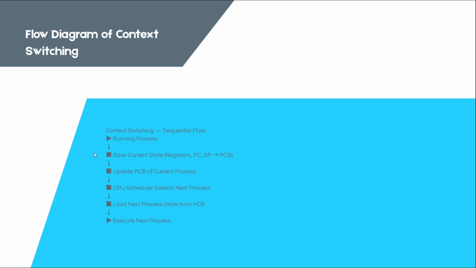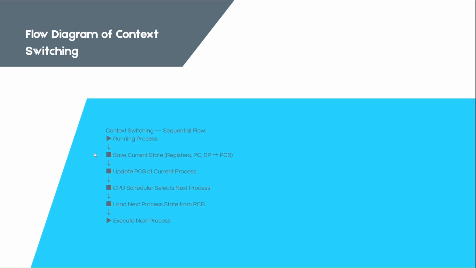Later, when she returns to student A, she opens the notebook exactly from the bookmark page. That bookmark works exactly like the process control block. It remembers where the work was stopped. This flow repeats continuously throughout the lifetime of the operating system. Therefore, the diagram summarizes the entire context switching process in a simple visual form.